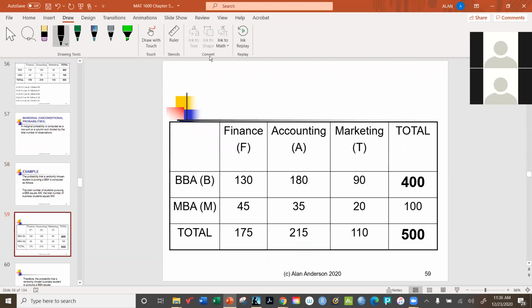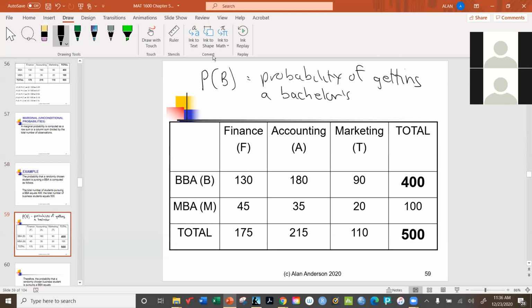And this, by the way, is the probability just B. That's the probability of getting a bachelor's degree right there, regardless of the major. So we're adding up all of these three to come up with 400. The total is 500. So therefore, this probability is 80%.